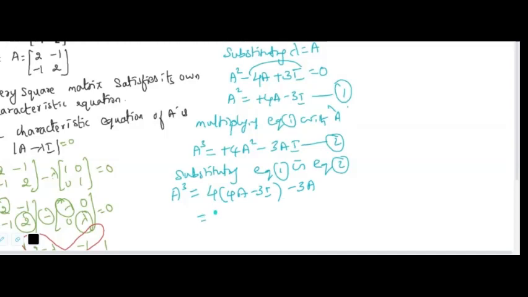So it will be 4 into 4 will be 16A minus 4 into 3 is 12I minus 3A. So 16 minus 3 is 13A minus 12I. So this is your A cube value what we have found.